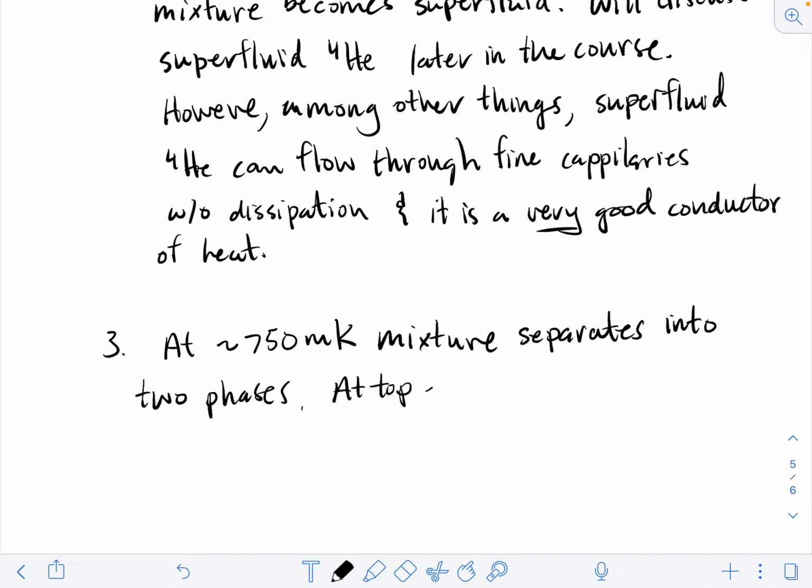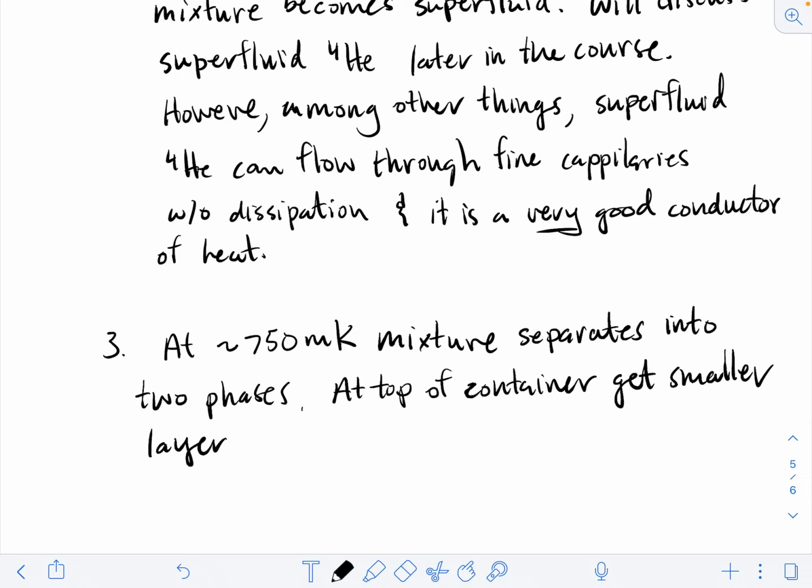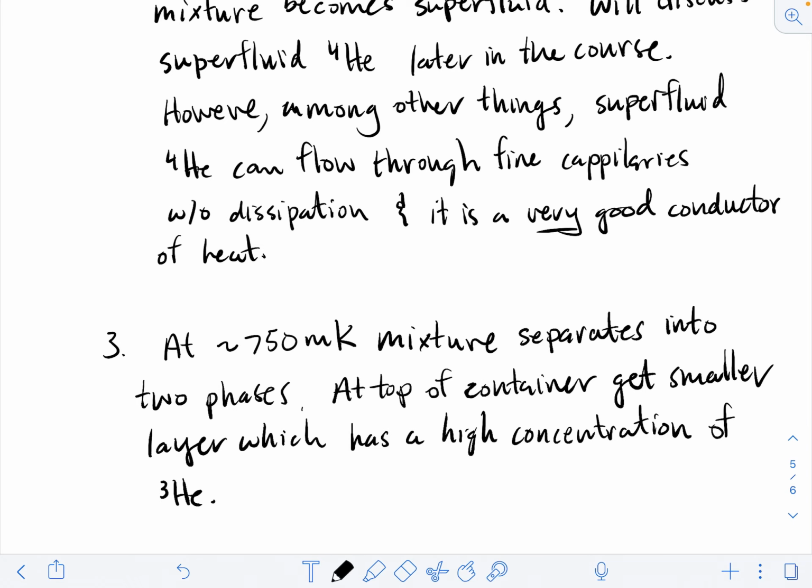At the top of the container, we get a small layer which has a high concentration of helium-3.